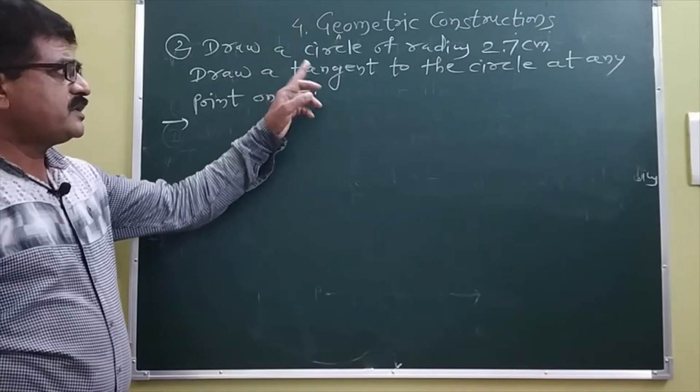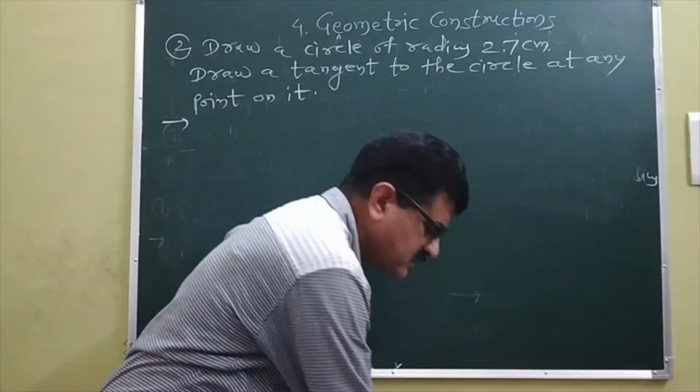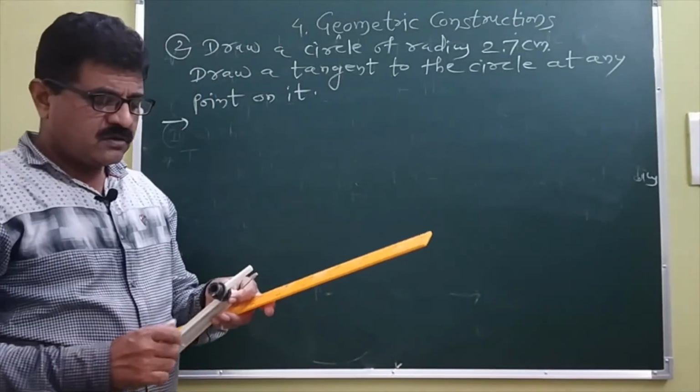Now here, draw a circle of radius 2.7 centimeter. We have to draw a circle.